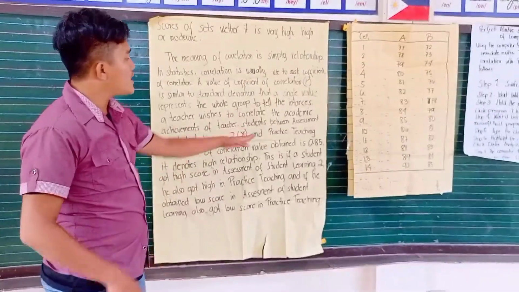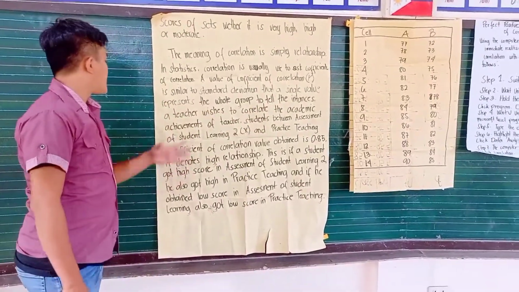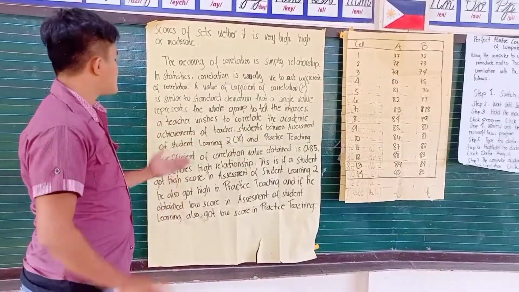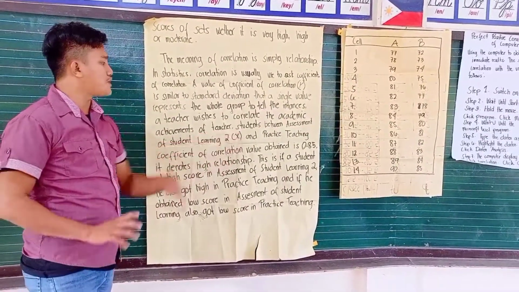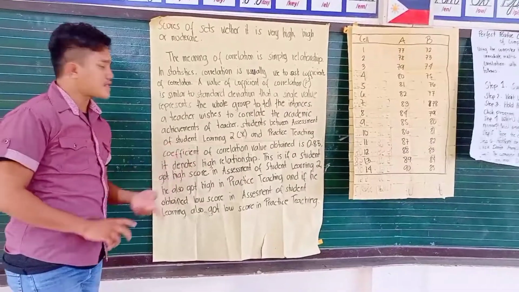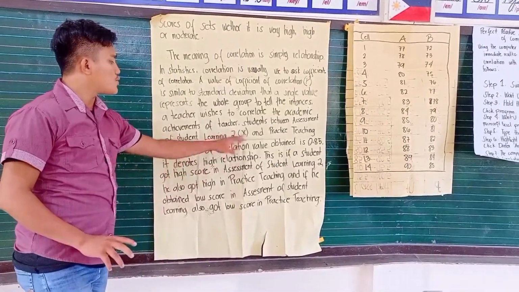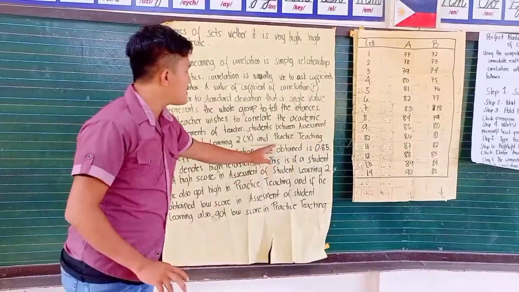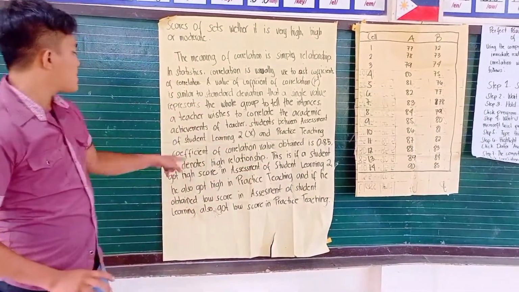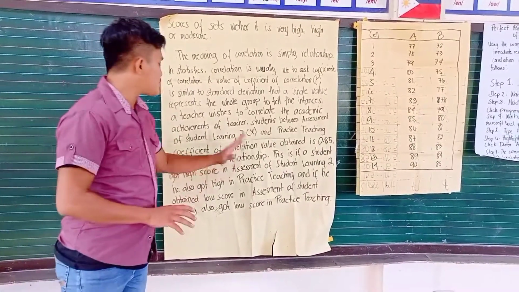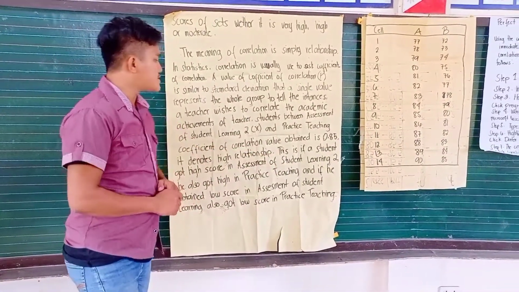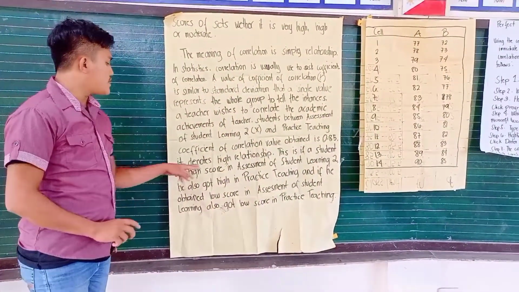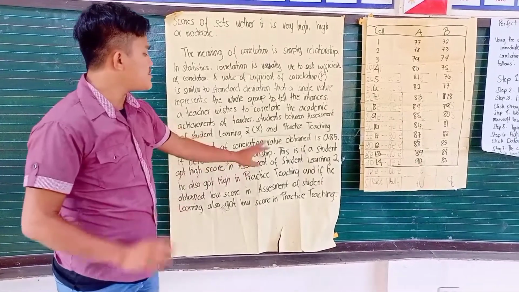For instance, a teacher wishes to correlate the academic achievements of students between Assessment of Student Learning 2 and Practice Teaching. The coefficient of correlation value obtained is 0.85. It denotes high relationship.